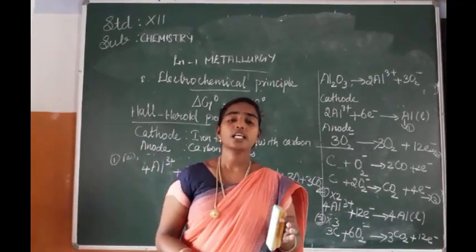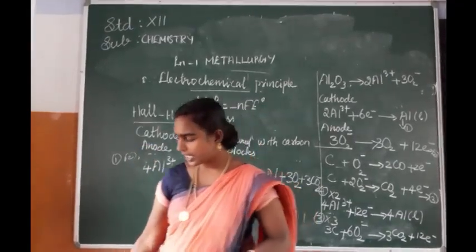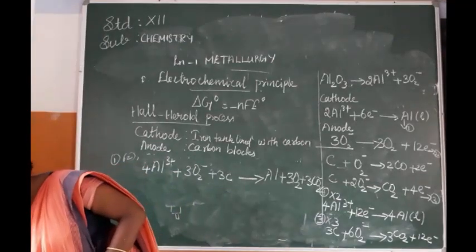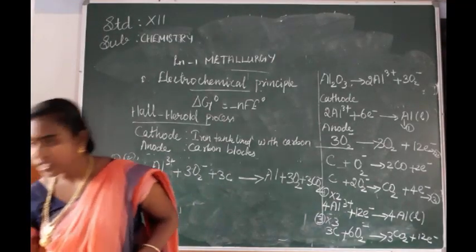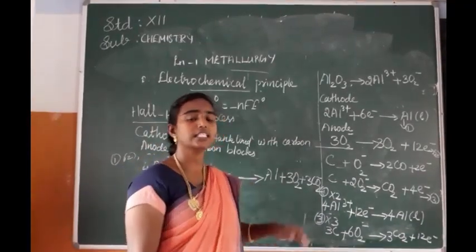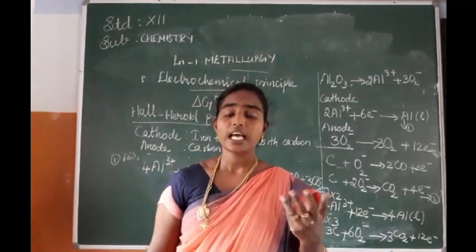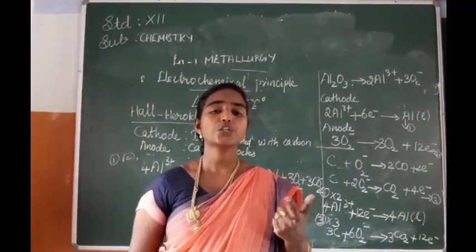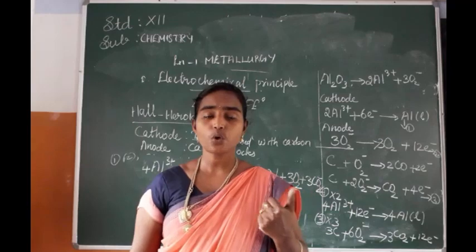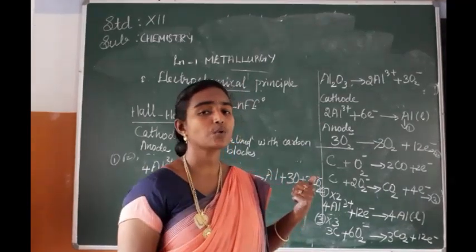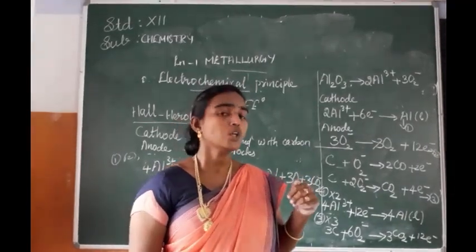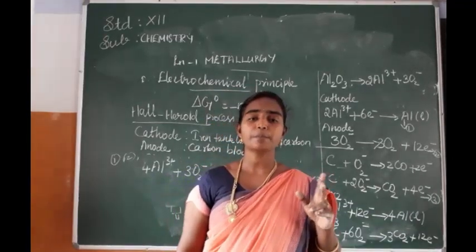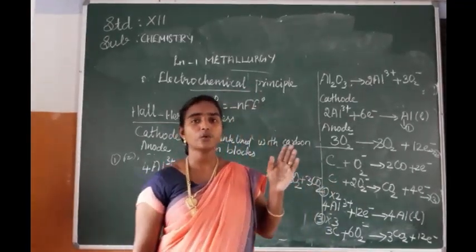Clear, students? So today in this class we have seen refining methods, isn't it? What are the refining methods we have seen? Liquefaction, distillation, electrolytic refining, zone refining, and the last one is vapor phase method. Vapor phase method is done by two processes. What are they?